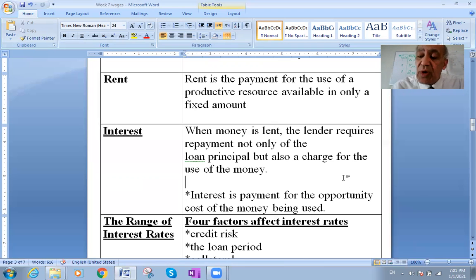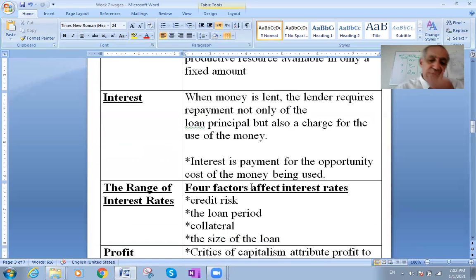This is what we call opportunity cost. The extra $10 is because I prevented myself from using this $100 and preferred to give it to you. So in return, you don't return only $100; you have to return $110. So repayment is not only of the loan principal, but also a charge for the use of the money. Interest is the payment for the opportunity cost of the money being used.